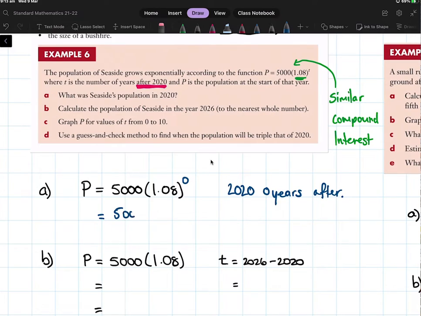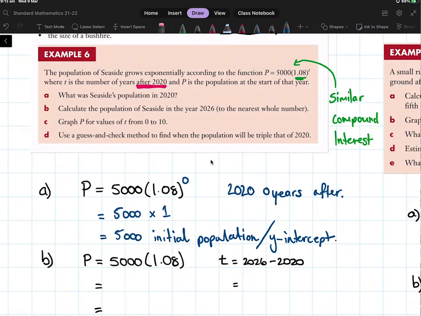So what we're left with here is 5,000 times 1. So our population is 5,000, and this is our initial population, what we're starting off with at the beginning of our model. And that initial population is also going to be our y-intercept if we were ever having to graph that model.